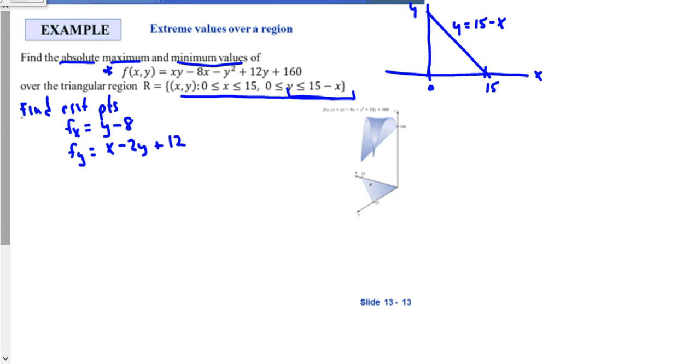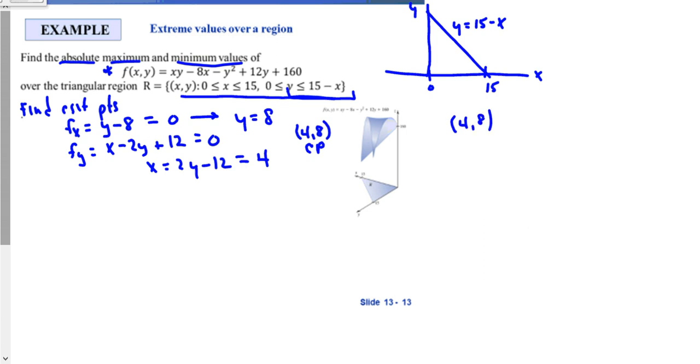Critical points are where each of these is 0. So this first one tells me that y has to be 8, and the second one tells me that x has to be 2y minus 12, and since y has to be 8 for both of those to be true, x comes out to be 4. So (4, 8) is a critical point. I'm just going to look at that point right here, (4, 8).